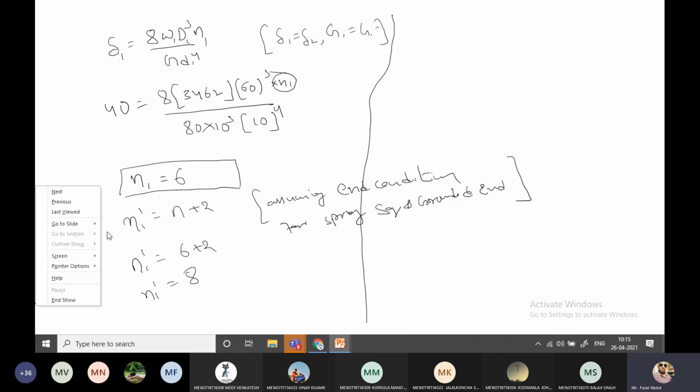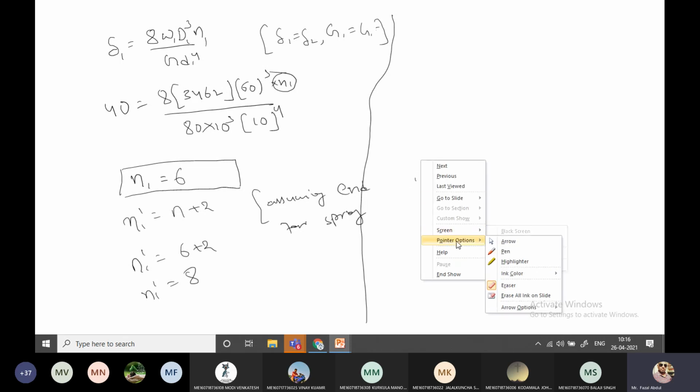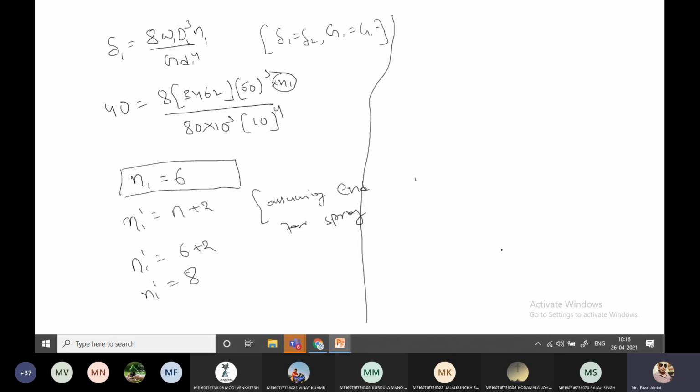So what is N2? N2 is the number of active coils in the second spring. For this we have one relation. When the concentric spring is compressed totally, the solid length of the first spring and second spring are equal.